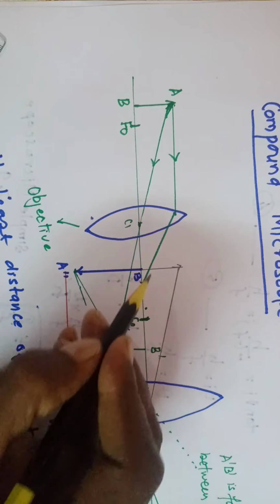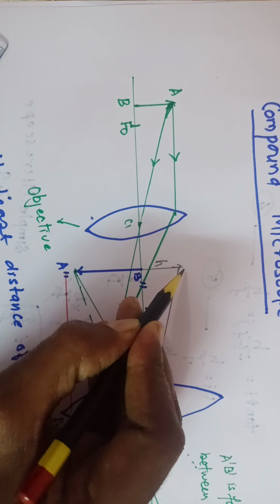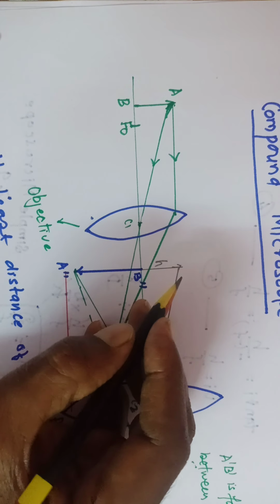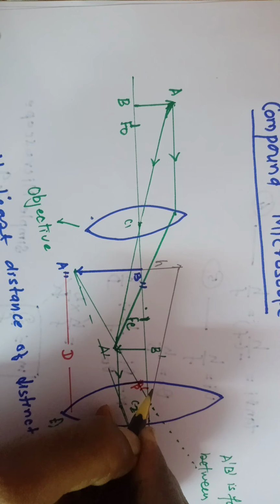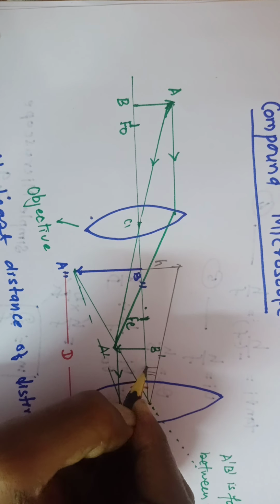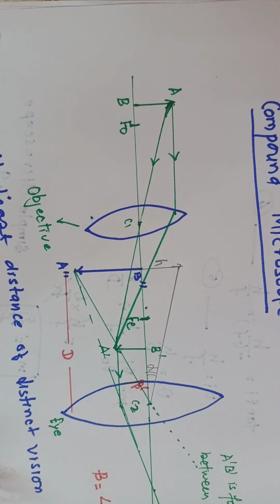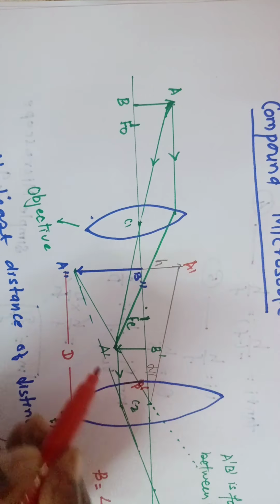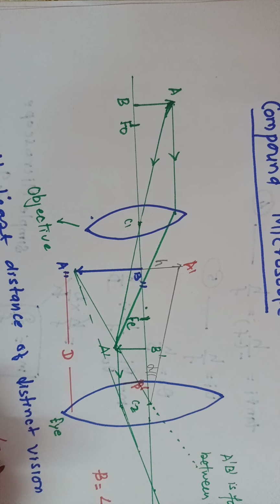So if the object H is placed here, this angle will be the angle subtended by object, alpha, and tan alpha, here you can provide name A1, A1 C2 B double dash is alpha.